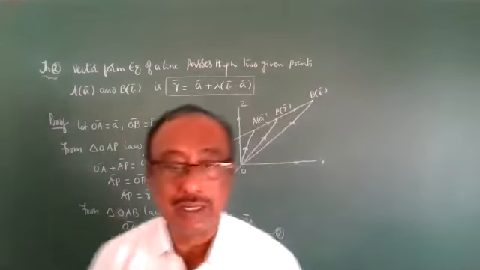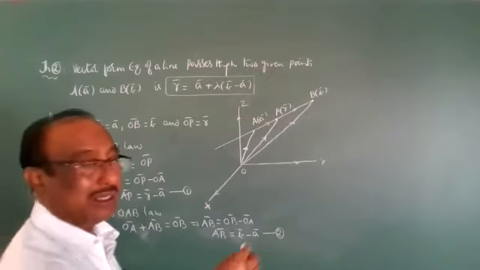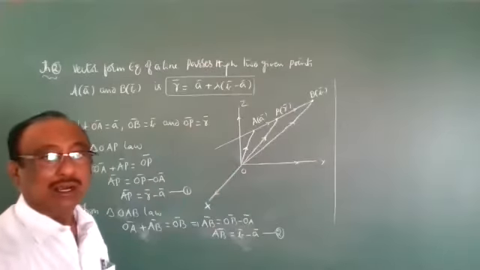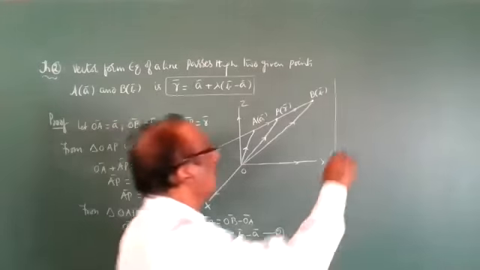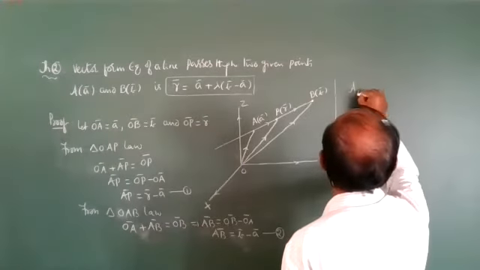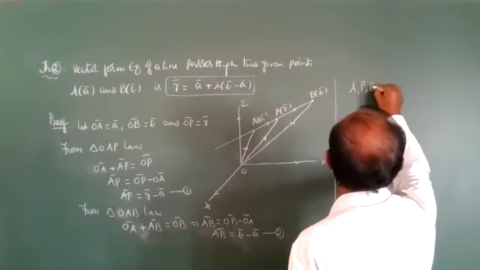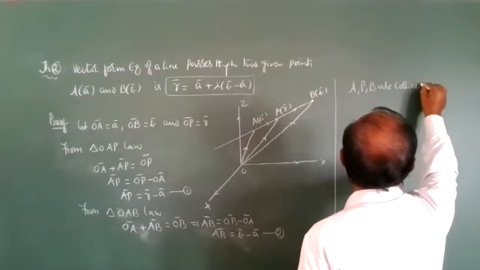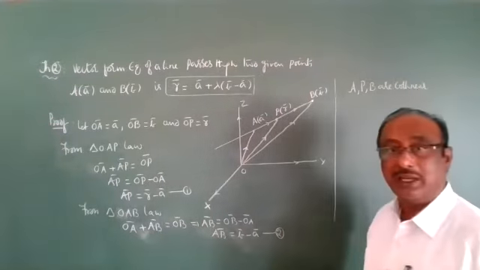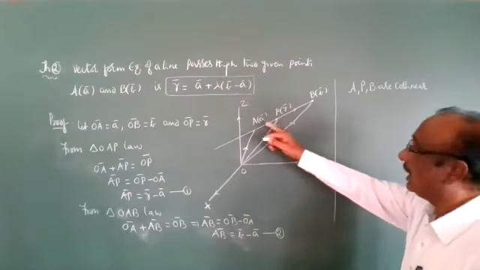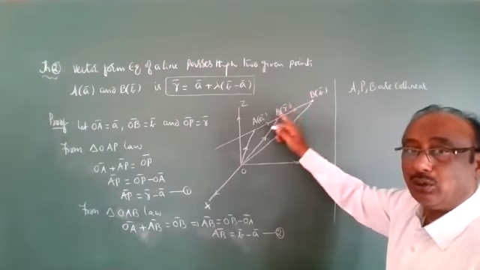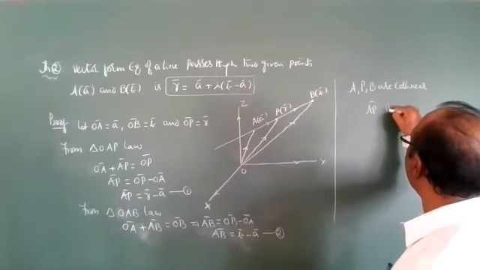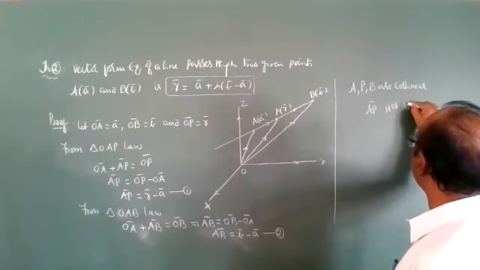The next point is that A, P, B are collinear, they lie on the same line. So the AP line is parallel to the AB line.